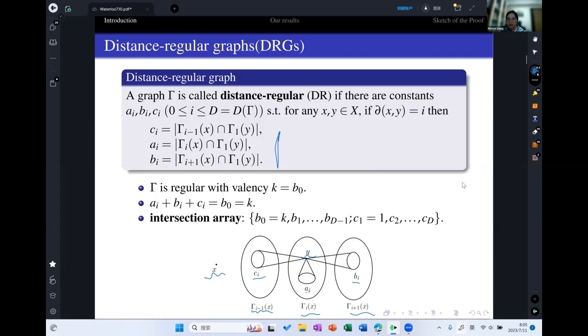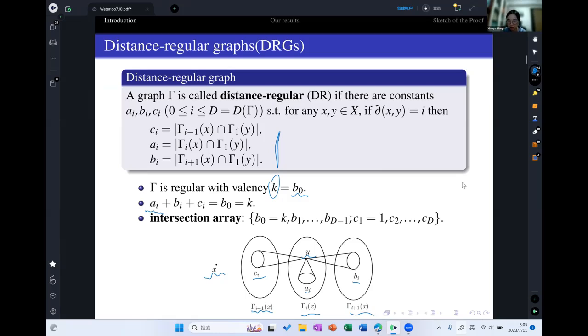Then we can see gamma is regular with valency b_0, denoted by k. And a_i plus b_i plus c_i is exactly k for all i. Then we see a_i can be determined by k, b_i, and c_i.